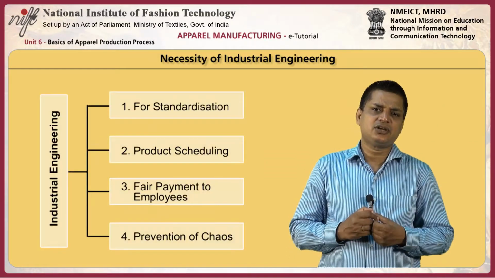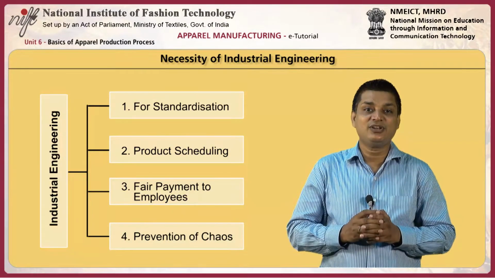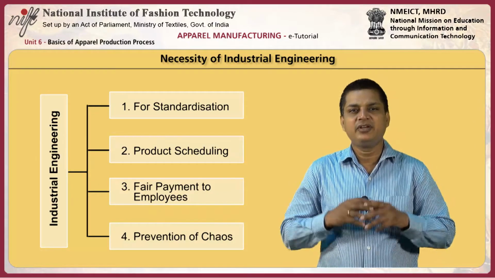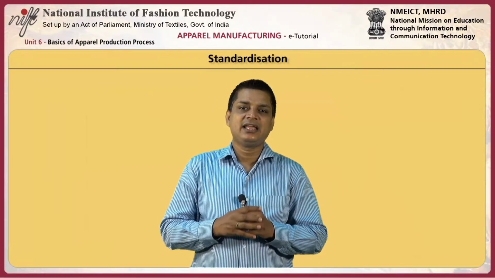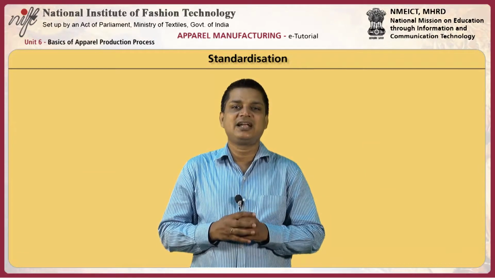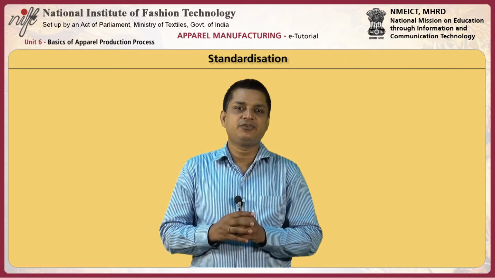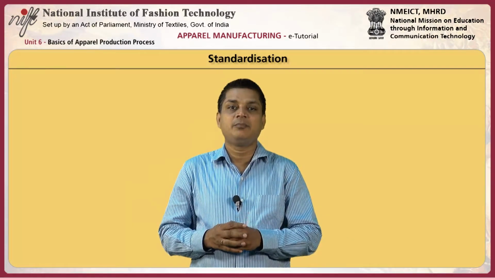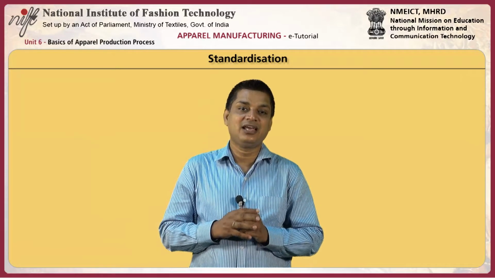The other needs of engineering are for standardization, product scheduling, fair payment to employees, and prevention of any chaos. As supervisors, we can appreciate the need of standard conditions in managing your department. Think of the confusion that would result if each operator on a job performed her work differently from anyone else.